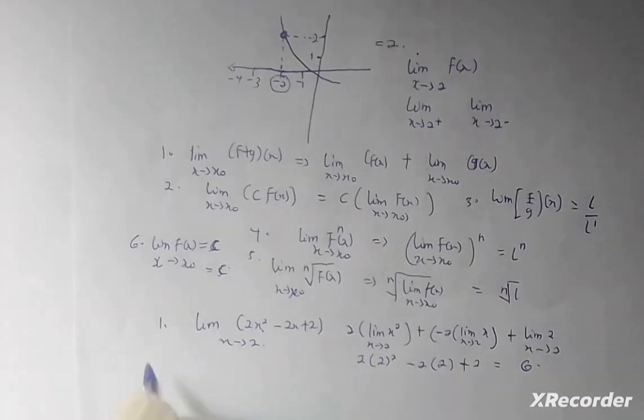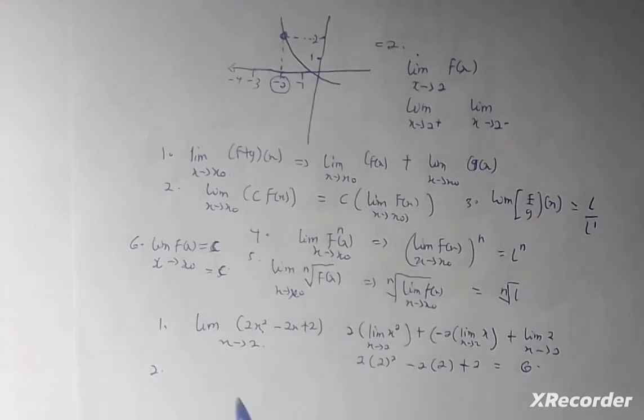Let's go to the second example, and it's saying that the limit as x approaches 1 of x minus 1 over x squared minus 1. Let me divide my working space.